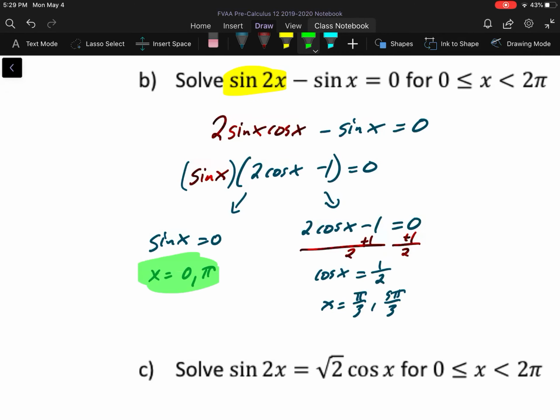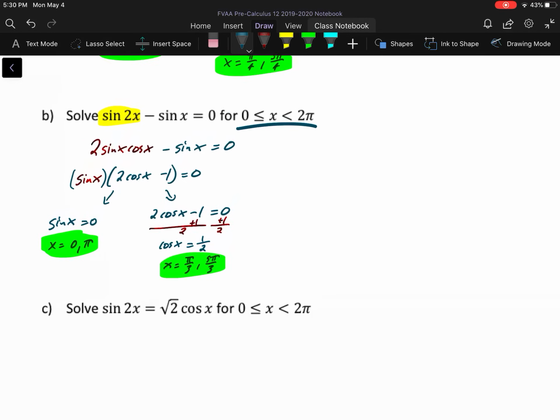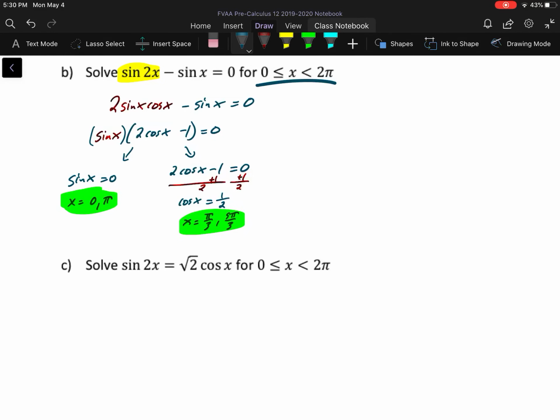No non-permissible values, 4 solutions, and all of these values fit within our domain, and there aren't any additional values that we could add just by adding the period. Good stuff, good start.